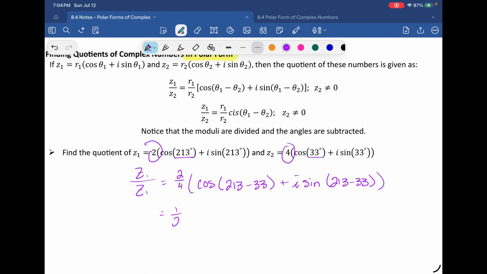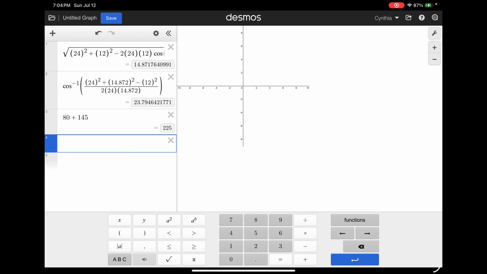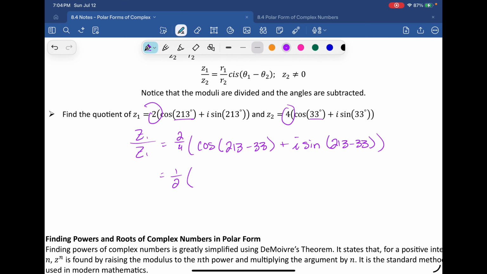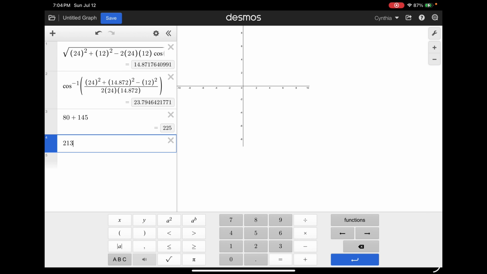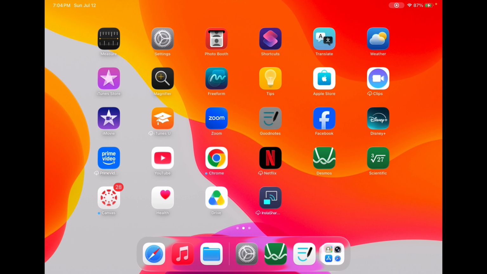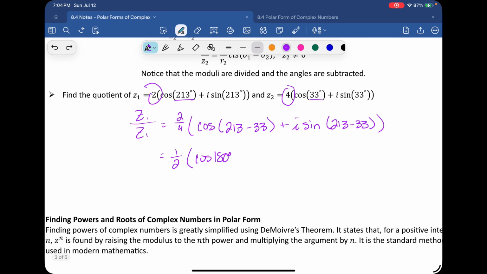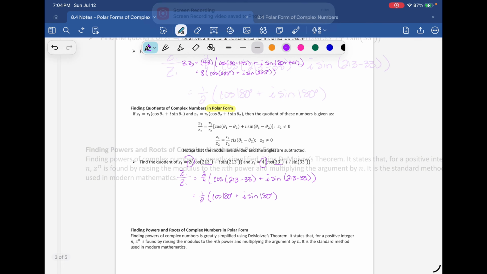So 1/2. I'm just in the right frame of mind that I cannot do that in my head right now. 213 minus 33, 180. And that's it on that one.